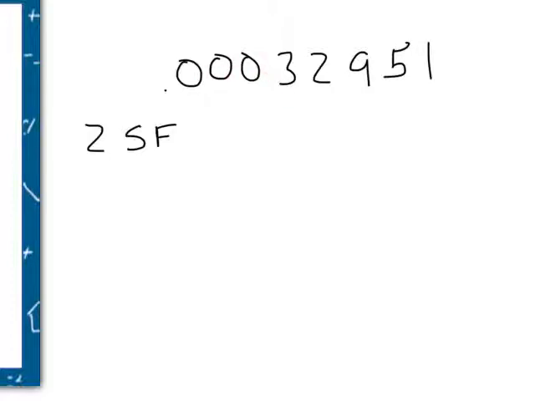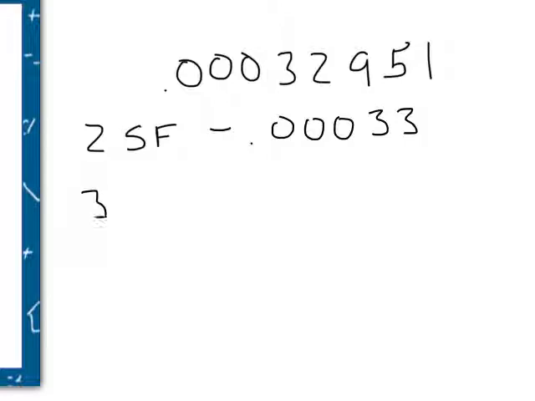My first 2 significant figures are this 3 and this 2. And I would consult with the 9, that tells me to round my 2 up to a 3. So with 2 significant figures, there's my placeholder zeros, I'm just putting them in there, not counting them. And then my 2 significant figures where I rounded the 2 up.